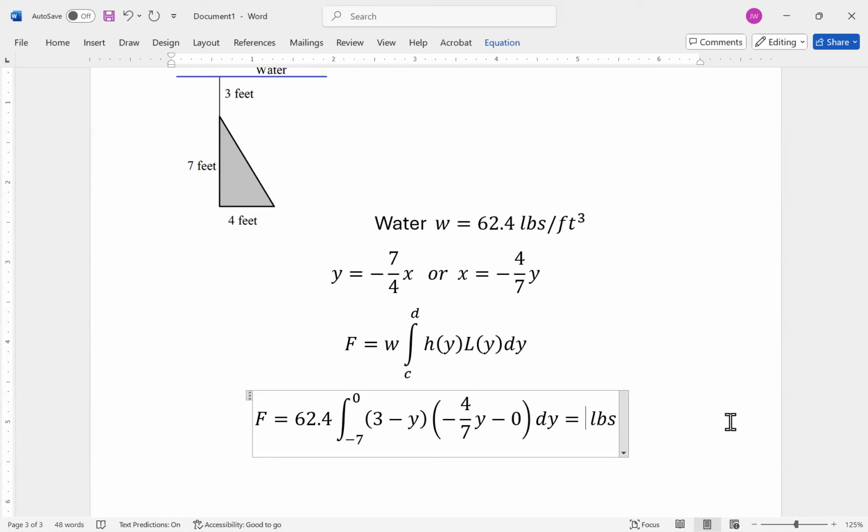I could, if I wanted to, do that by hand, but it's going to be a lot easier with my calculator, so I'll just use my calculator.